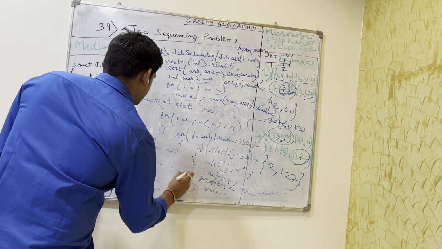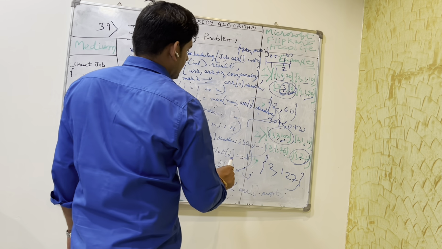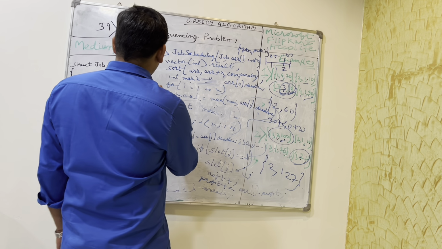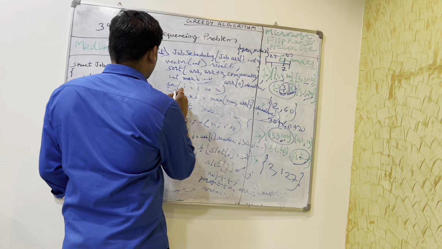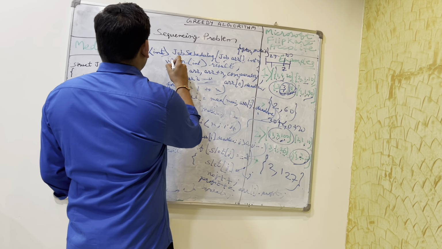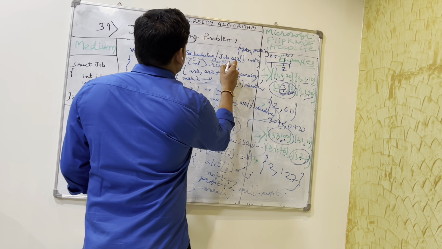After this step, we will do this. So here you see, for example, this job. In this example, we have defined int number of job equal to 0, and profit equal to 0.